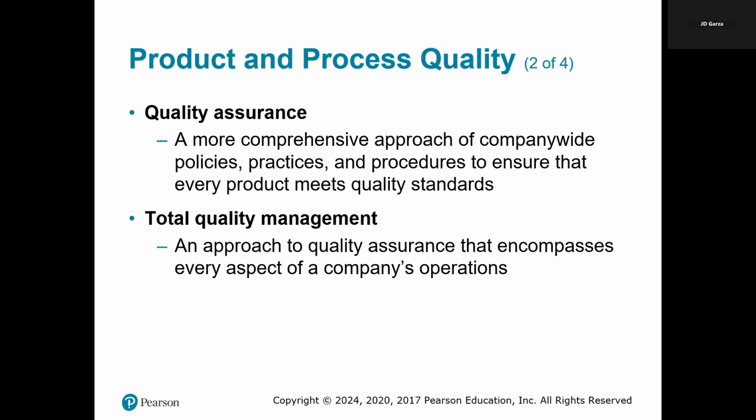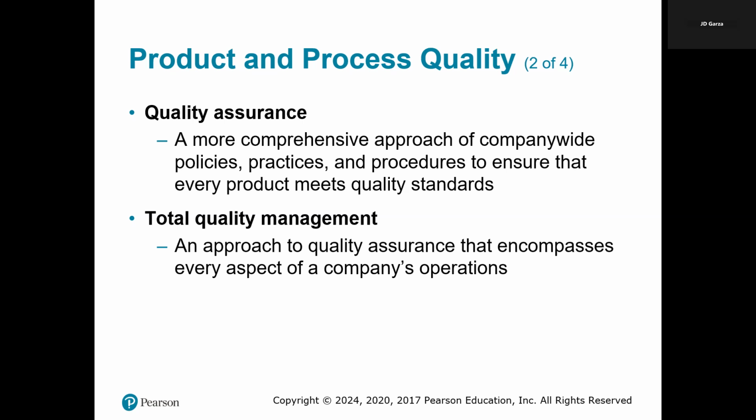Unlike quality control, which inspects products after production, quality assurance integrates checks and balances at every stage of the process, from design to final production. For example, an electronics manufacturer might implement quality assurance by setting design standards, training assembly workers thoroughly, and maintaining rigorous equipment checks.